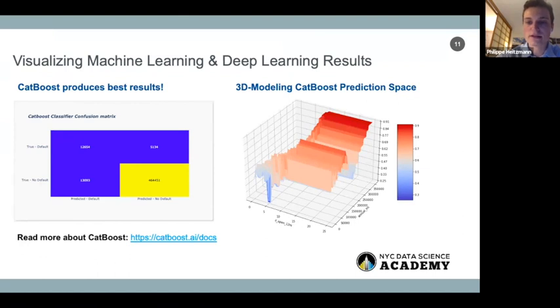But in this case, to output this 3D visualization, I picked the two most important features for our CatBoost classifier model, which were annual income, which again is not surprising, and then this other variable down here, which captures the number of credit lines that the applicant has opened in the past 12 months, which typically is an indicator of how financially stressed the applicant is, and looking for credit.